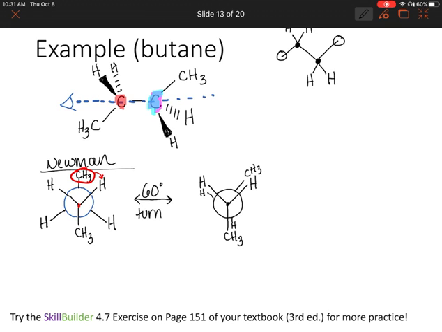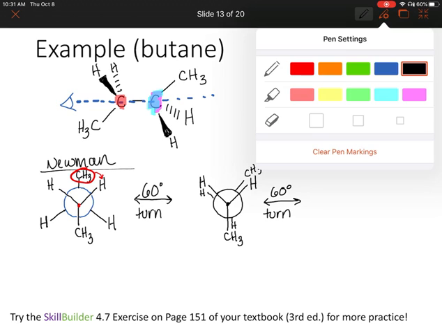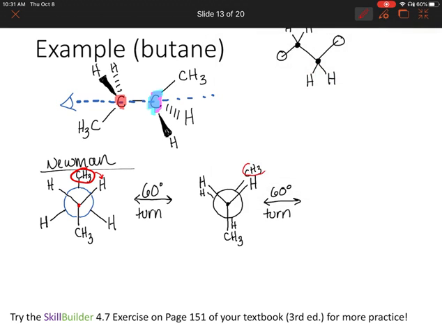So let's keep going. Let's do another 60-degree turn. So again, we're going to move this methyl group 60 degrees. All right, so the front carbon and its bonds stay the same, but the back carbon is what rotates.